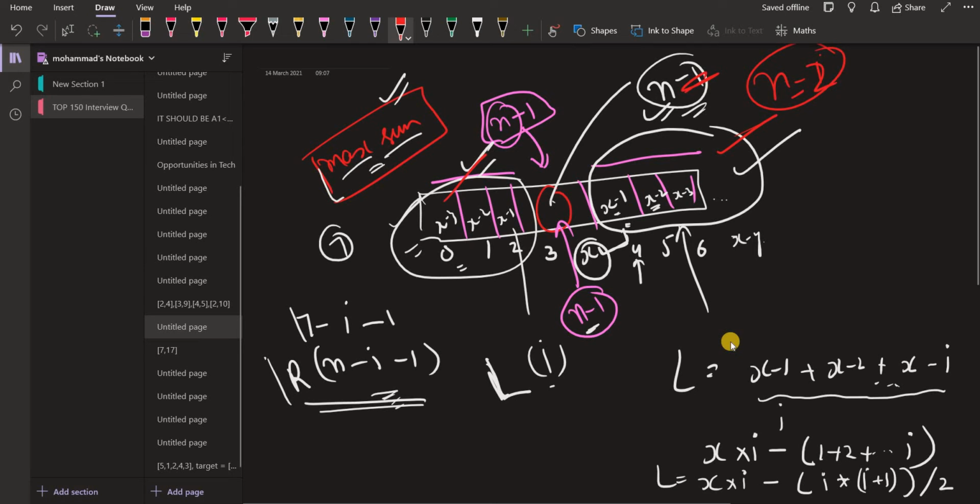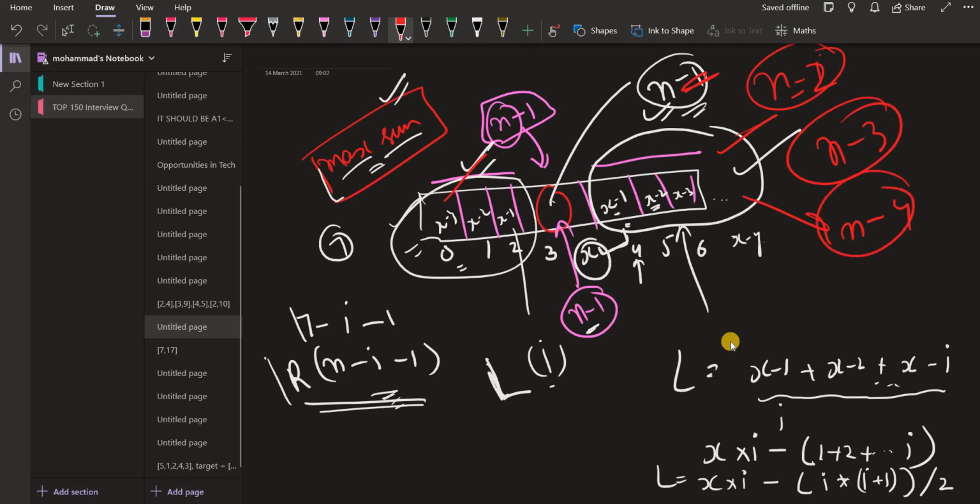If it is also greater than the total summation, then I would have taken n minus 3 and then try it. So then again n minus 4, and as soon as I get, say at n minus 5, the total summation smaller than the maximum sum, then I would return that the maximum element is n minus 5 here.